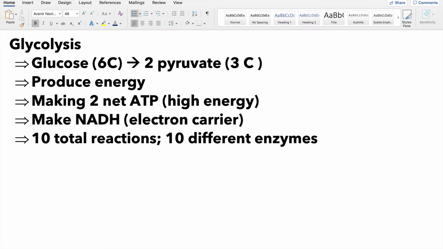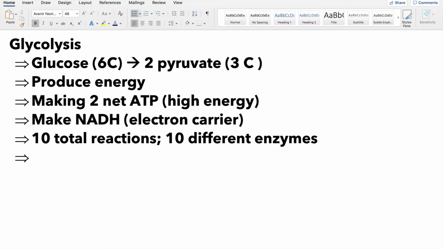And this is where it can be a little difficult to learn glycolysis, because for some classes you may need to know the details of all the steps. You may need to know all the structures as well. But just know for an overview that it's 10 different enzymes, 10 reactions, and in future videos I will have mnemonics and easy ways to kind of remember those enzymes. So do stay tuned for those.